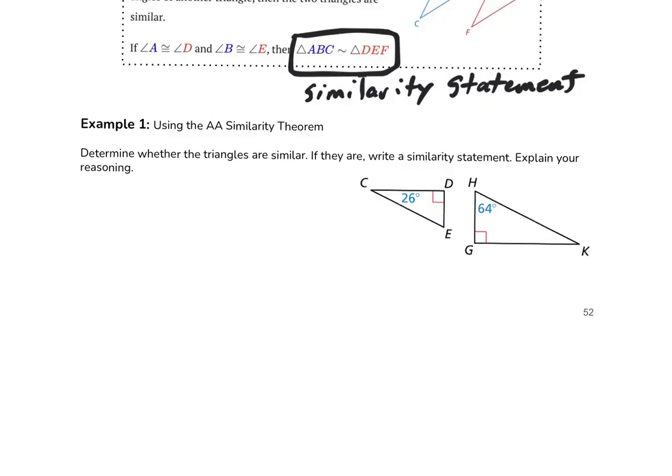This one is 64, this one is 90. This one is 90, and this one's 26. So some people might look at that and say, nope, 26 and 64 aren't the same. But what we have to do here is find the third angle, okay? To find the third angle, we know each of these has to add up to be 180 separately, right? So what would the measure of angle E have to be?